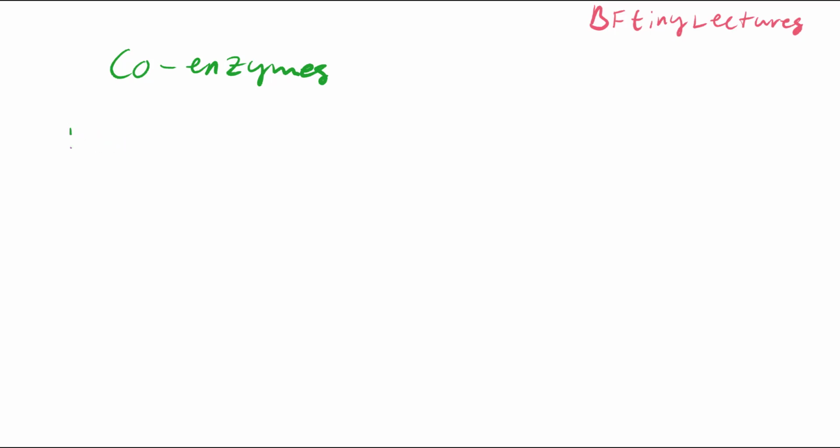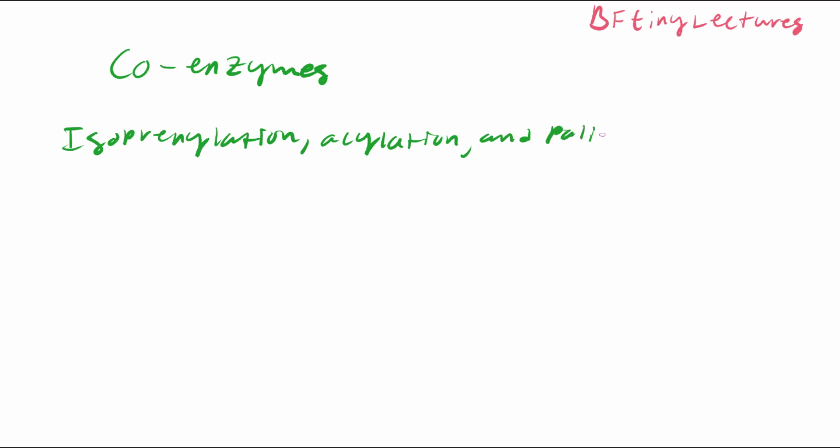Okay, so here is isoprenylation, acylation, and palmitoylation. What does that mean? Ugh, it's like alphabet soup. It's just a train wreck. Well, it's actually just the addition of fatty acids.